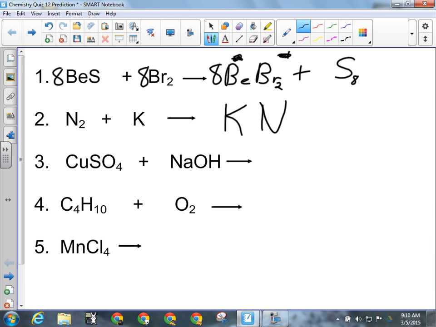Okay, just because I wrote the non-metal first doesn't mean you don't write this like an ionic compound. Okay, here's what we got. We got to drop and swap this ionic compound. Okay, this is a -3, this is a +1, so we got K3N as our ionic compound.